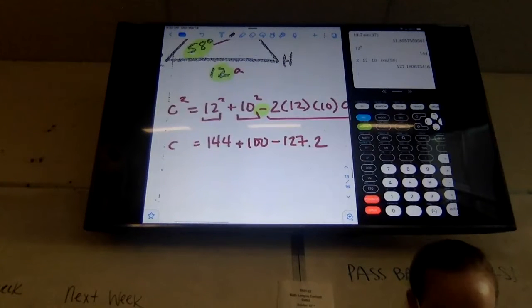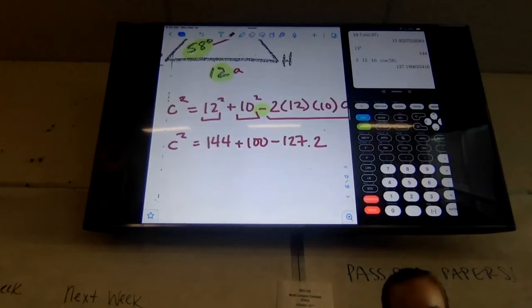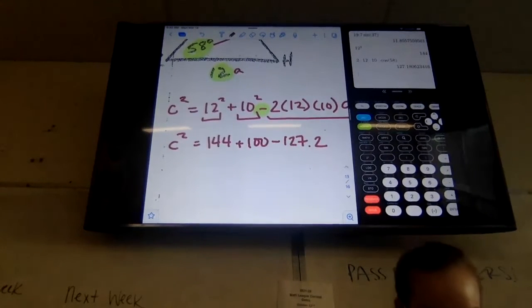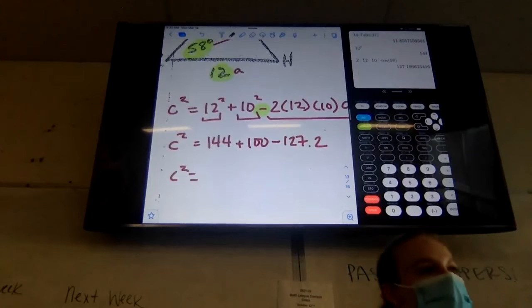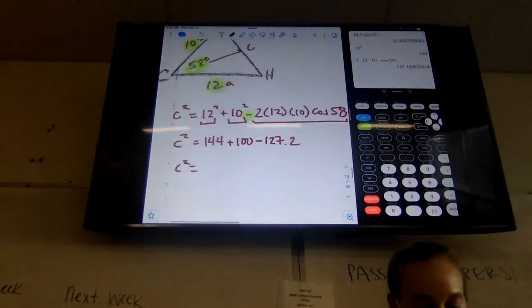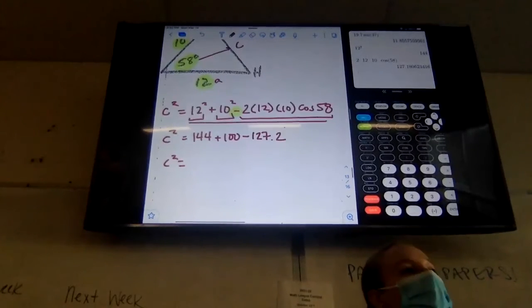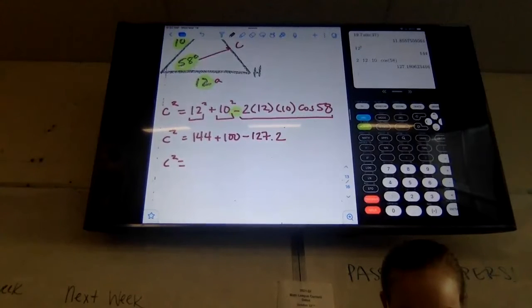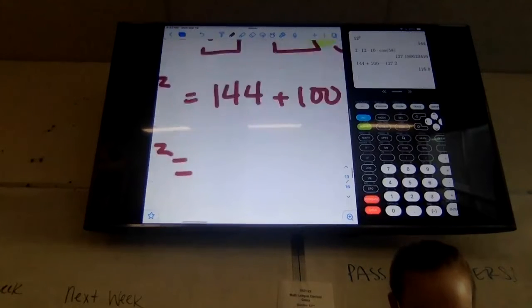So I currently have c squared equals 144 plus 100 minus 127.2. I'm going to combine all of those together, so I'm going to get c squared equals just one number. Again, if you wanted to put everything in at the same time, you need to see if it matches what I get. So 144 plus 100 minus 127.2, and I get 116.8.